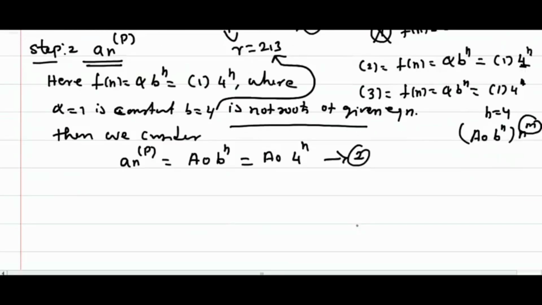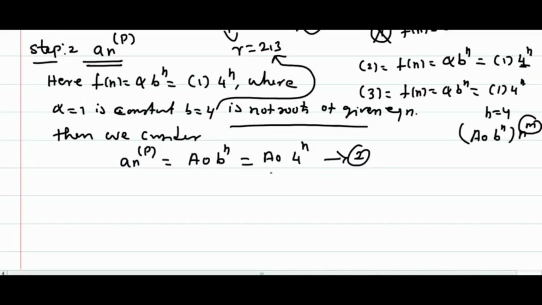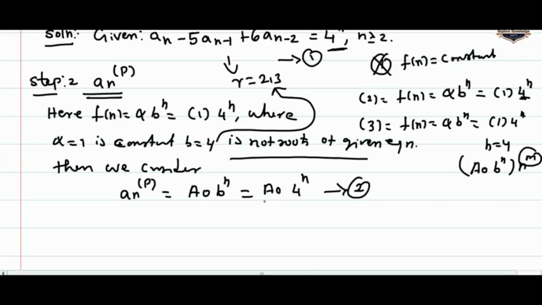The target is, using this trial solution, to find a particular solution of the given equation, which means substituting equation 2 in equation 1 and finding the constant value. So substitute equation 2 in equation 1.